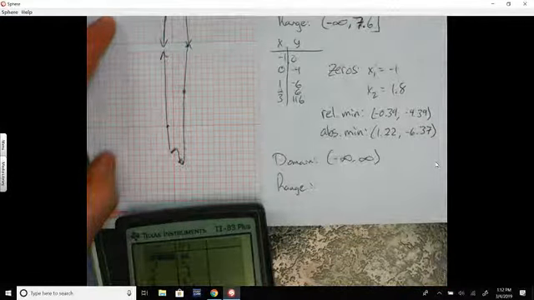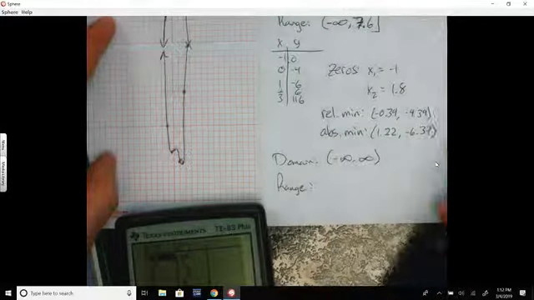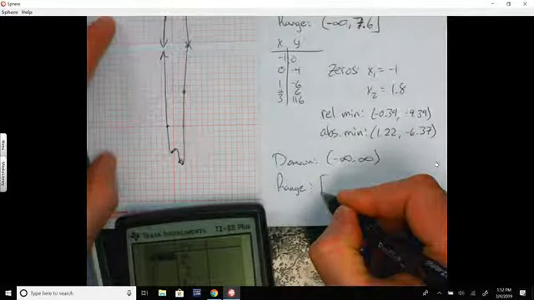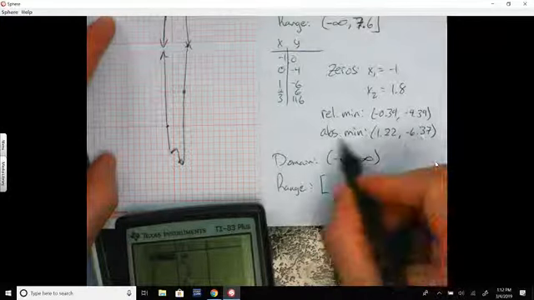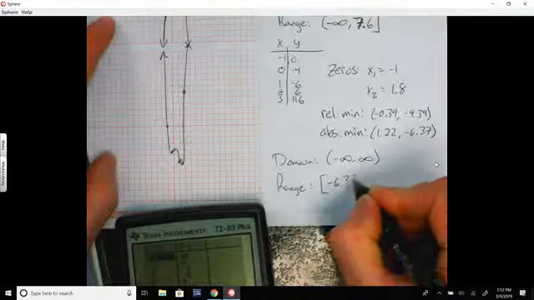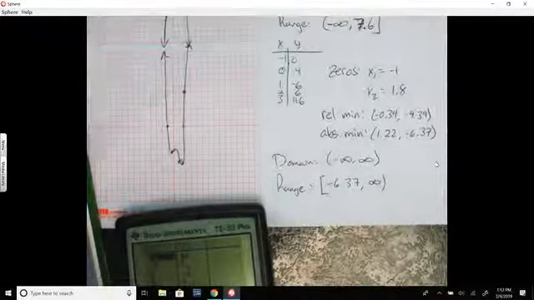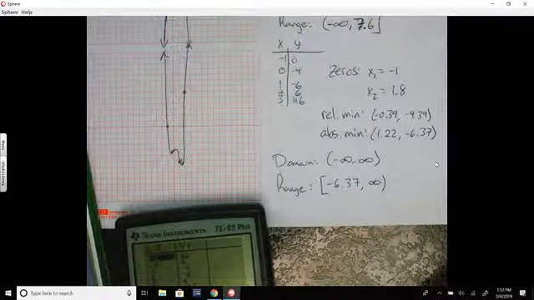Domain stays the same. We'll see at a minimum. Use your absolute minimum, the y values, to figure that one out.